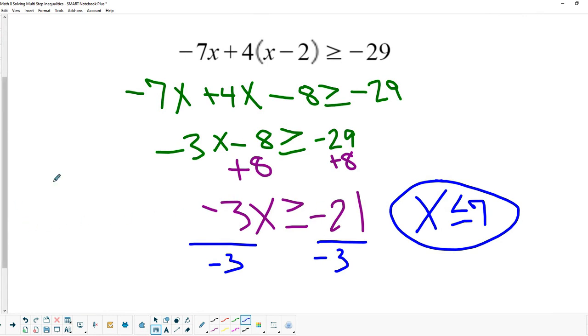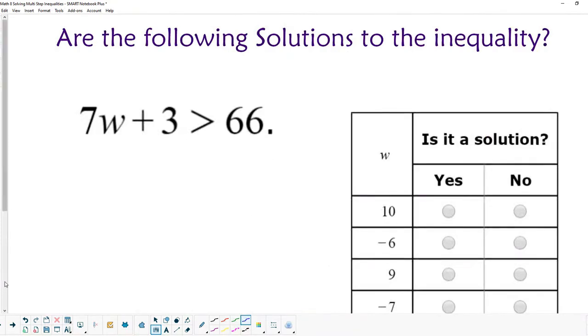As you can see, they take a few steps, but we've had these kinds of steps before. We've learned about it, and this is our chance to practice it and get really good at it. Now on ALEKS, you might see something like this: 7w plus 3 is greater than 66. If I subtract 3 from both sides, I would get 7w is greater than 63.